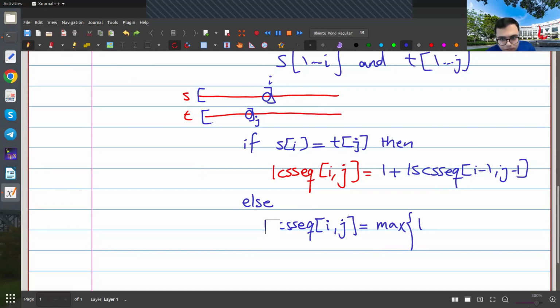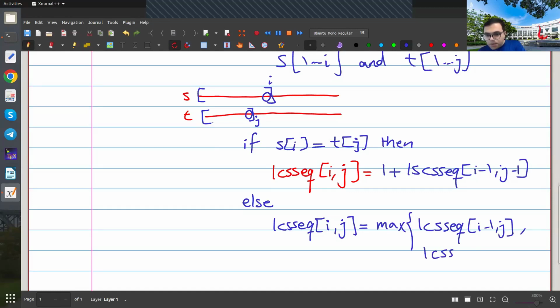Why did I write it incorrectly? Longest common subsequence, right? LCSSEQ. So it's the maximum of the longest common subsequence of i minus 1, j and the longest common subsequence of i, j minus 1. Okay. So this is the recurrence relation that I have at this point.